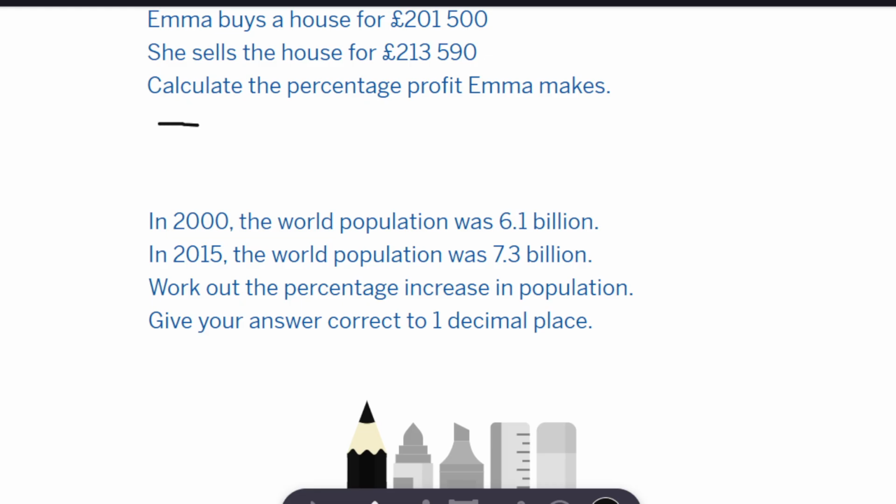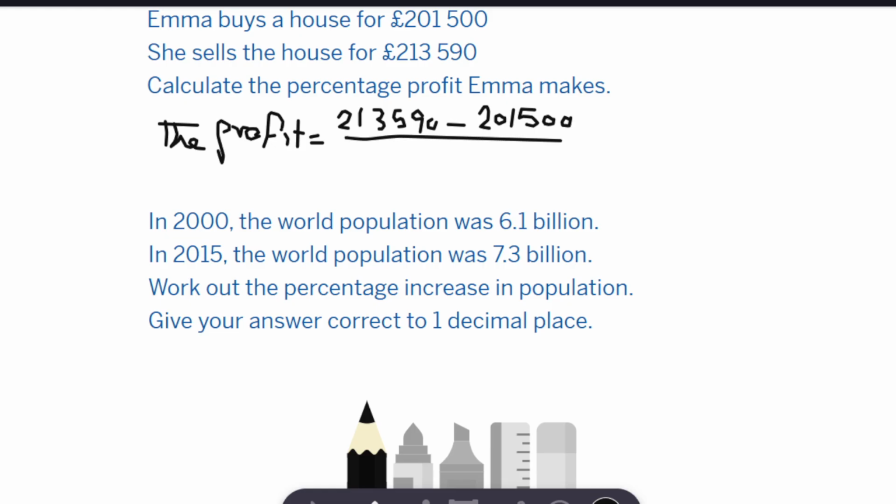So the profit is equal to the change. So the change is 213,590 minus the original amount, which is 201,500, divided by the original amount.